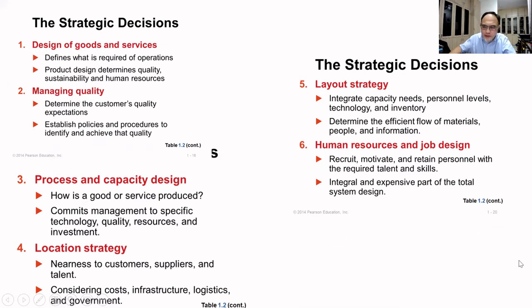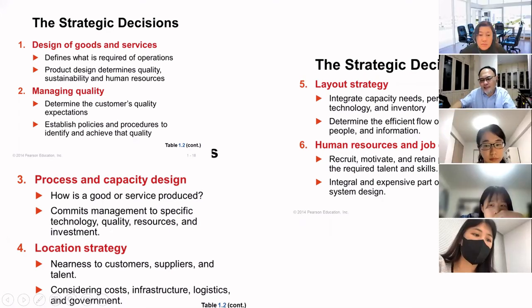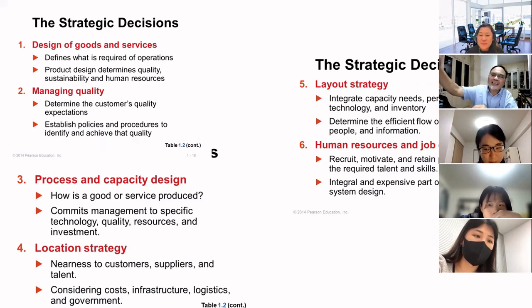Managing quality is also a strategic decision. Should we produce, for example, like China? China has a low cost strategy, not to say low quality, but manageable quality level. Okay, they don't want to go to extremely high. They can produce high, but you have to pay more to get high quality. So that is managing quality. Process and capacity design.